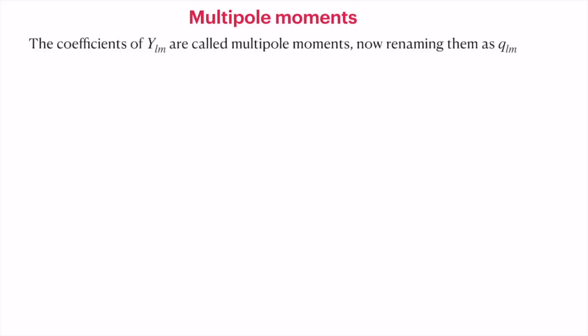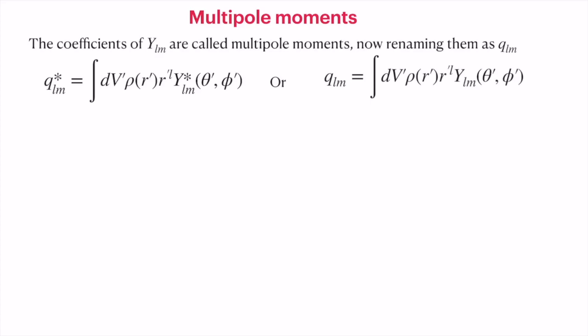Let's look at the multipole moments. Multipole moments are coefficients of Ylm when you express the potential. So you can have the complex one or the complex conjugate depending on the Ylm, the variable used. You have rho, the density, and r power L. So that is in a similar spirit to the various moments defined in the Cartesian system.